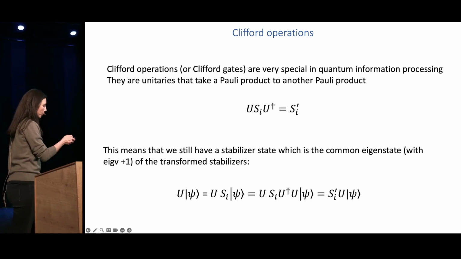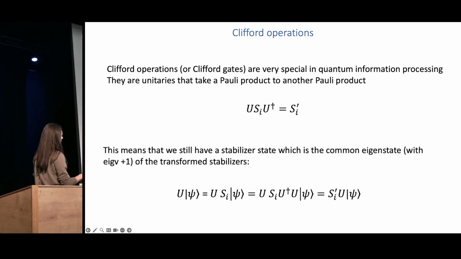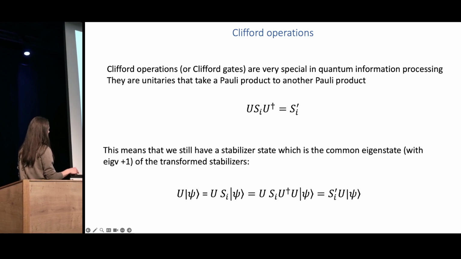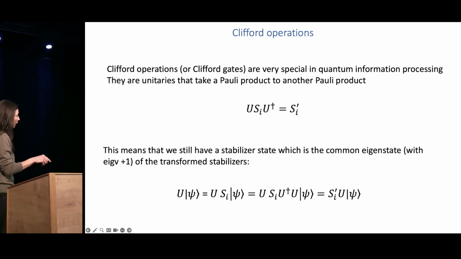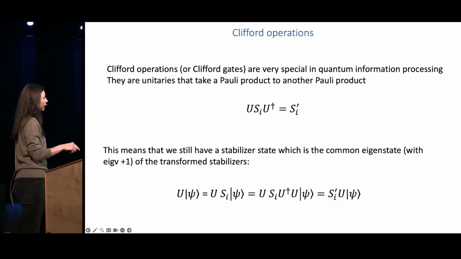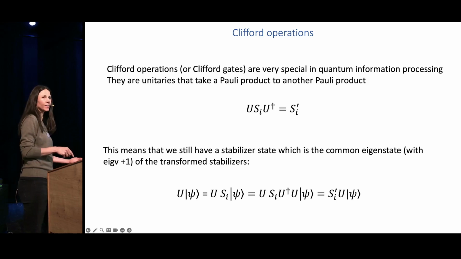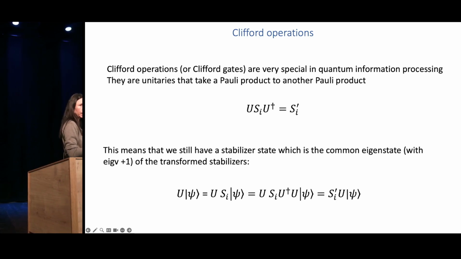And what's important from our point of view here is that if I start from a state that's stabilized by a set of operators, and I apply a Clifford gate, I can do this trick to see what happens. I can insert here one of the stabilizers, because the stabilizer on the stabilizer state just gives me back the state, so I can freely inject it.